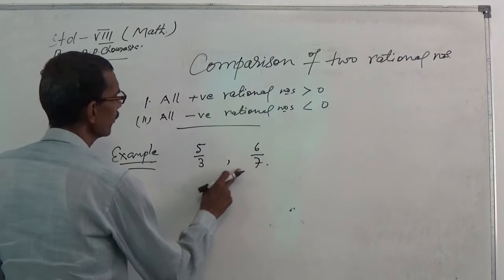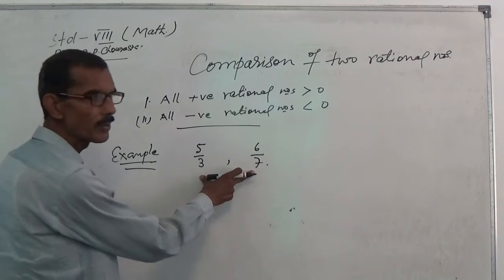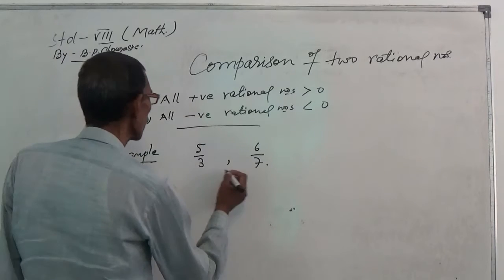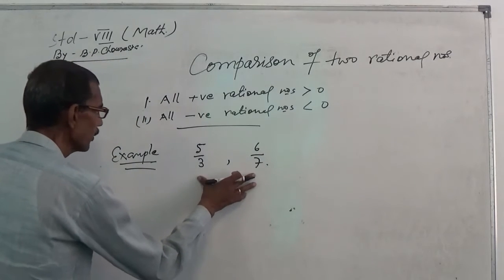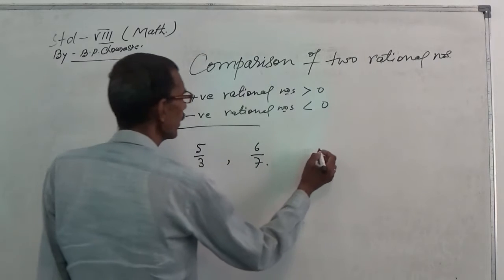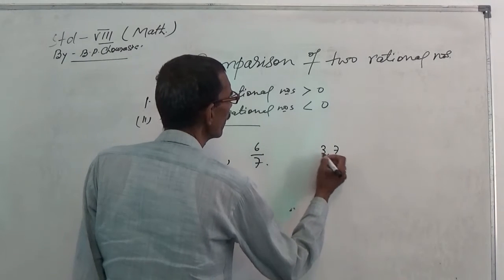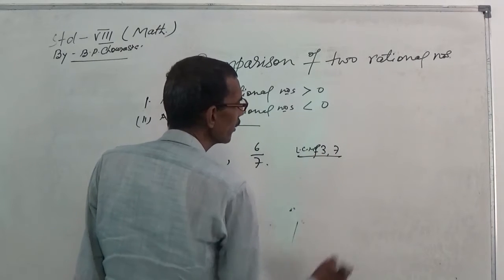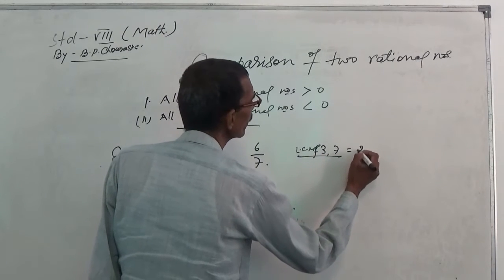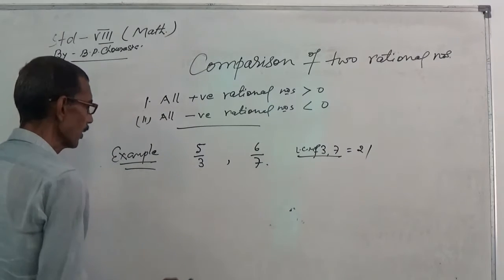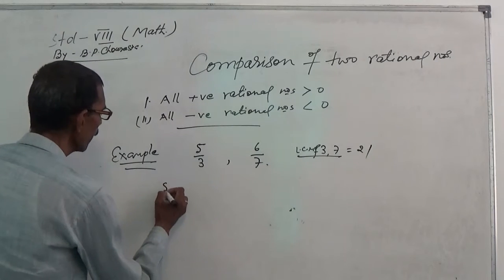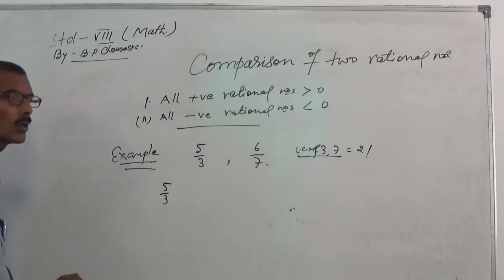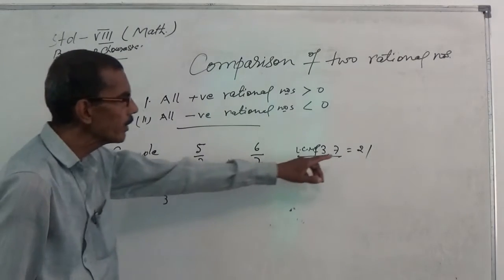First of all, find the LCM of the denominators of these two rational numbers. The LCM of 3 and 7 is equal to 21. Now convert 5 by 3 to a denominator of 21.